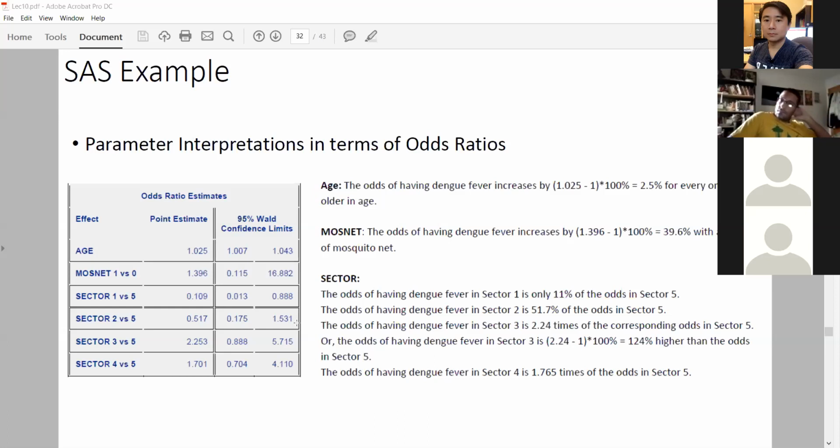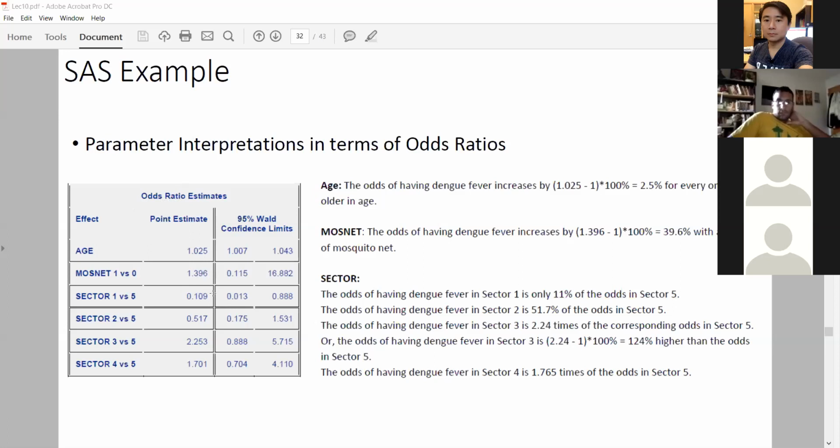For example, as I said, the relationship is that one is equal to 1 over the other one, right? If you just simply switch around the reference group, the point estimate for the odds ratio is 1 over the other one.